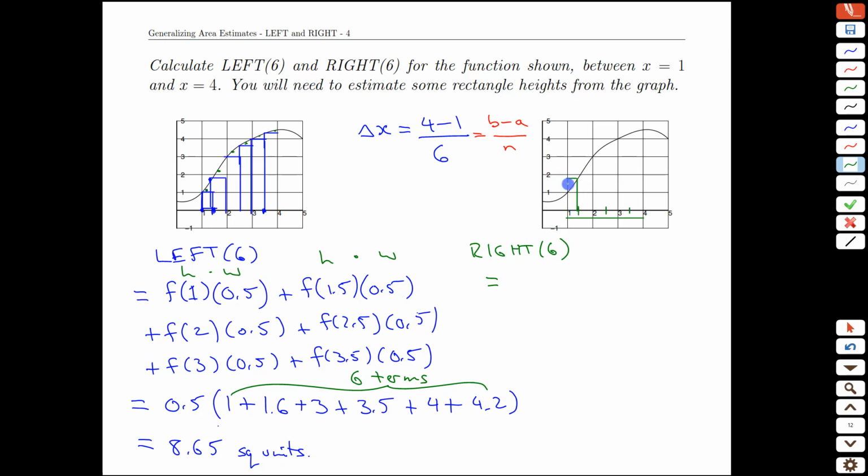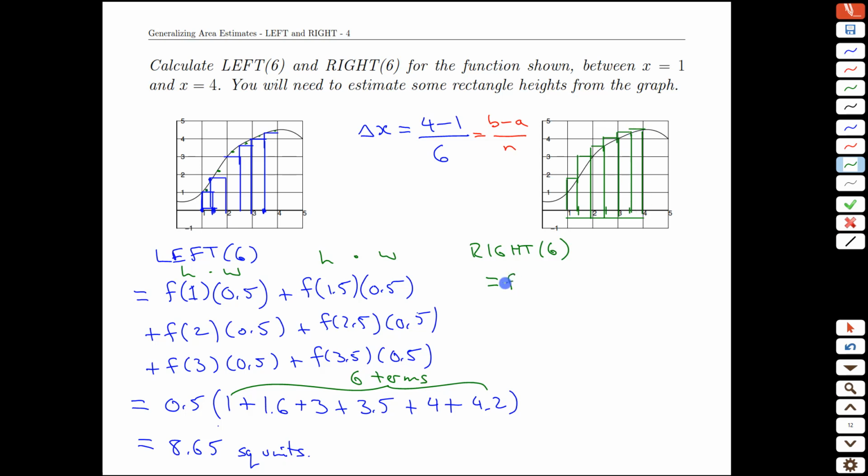And we build a rectangle that tall. And you'll see there's a lot of overlap with what we just did. Right-hand end of the interval, up to the graph, and then finish the rectangle. Right-hand end, up to the graph, finish the rectangle. And last but not least, the final interval there.